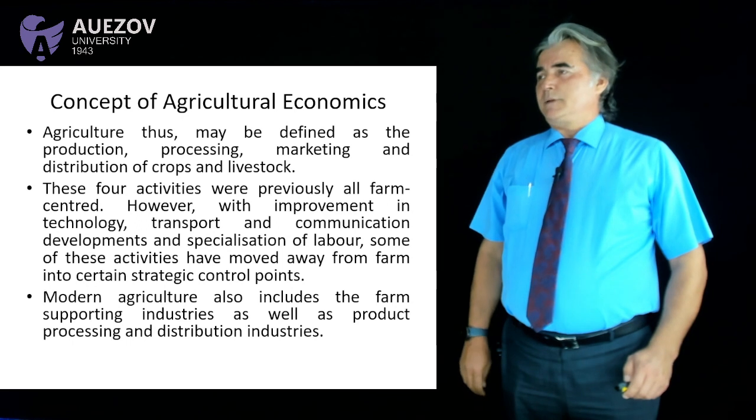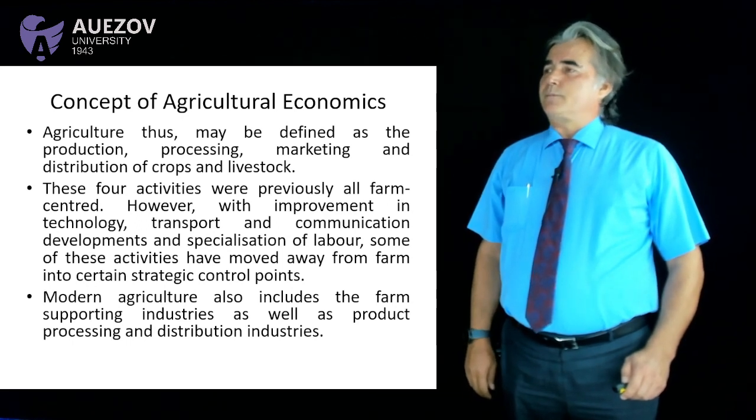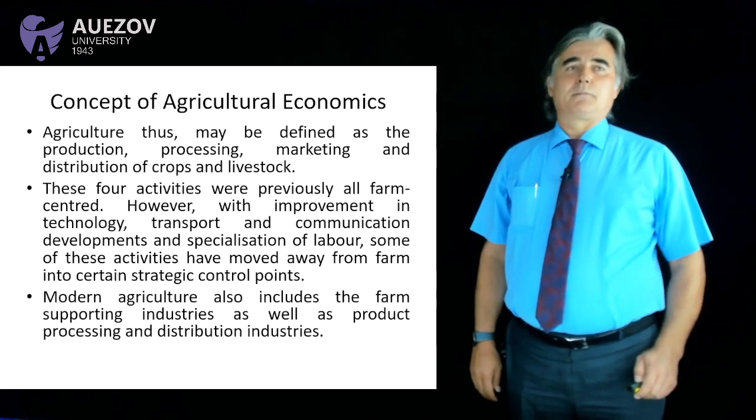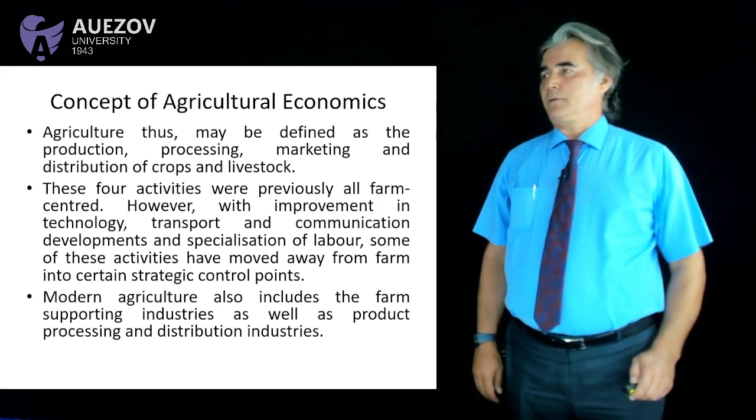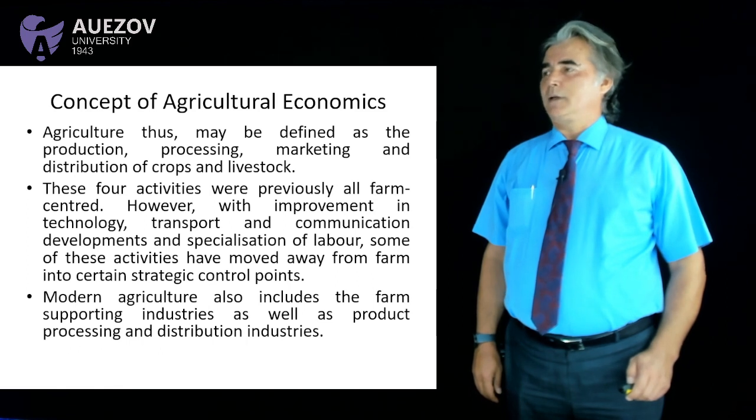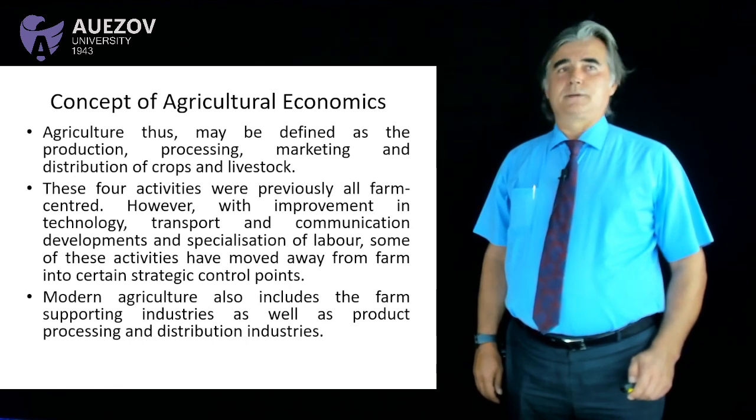So we define agriculture as the production, processing, marketing, and distribution of crops and livestock. So we have four activities that were provided on all farm centers.